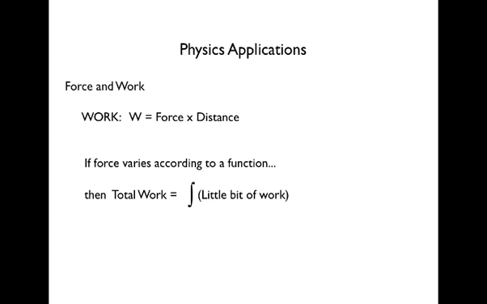So it's the same thing again. So we're going to find a little bit of work. If I make the distance small enough, I can assume a constant force for a little bit of distance. But then the next little bit of distance will have a slightly different force. So it's the same principle we did before. We're going to find the typical amount of work and then sum them all up.